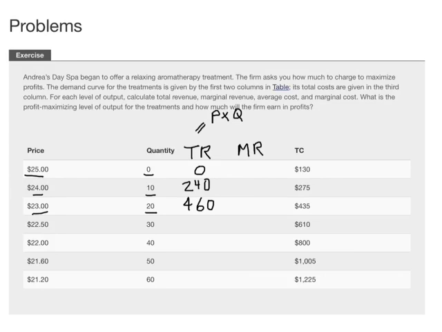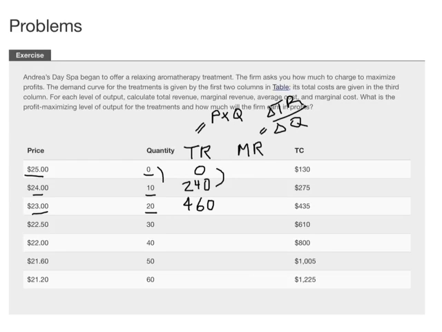And remember that marginal revenue, like any of these marginal concepts, is the change in total revenue. With revenue and costs, we're always thinking about how revenue or cost change with output. So as total revenue jumps from 0 to 240, the change in total revenue is 240.